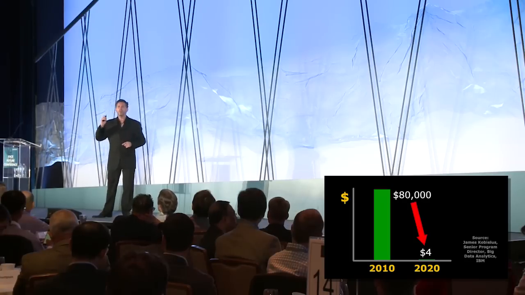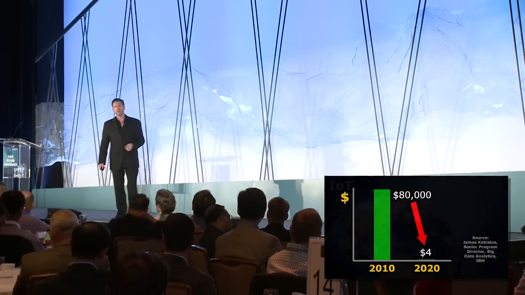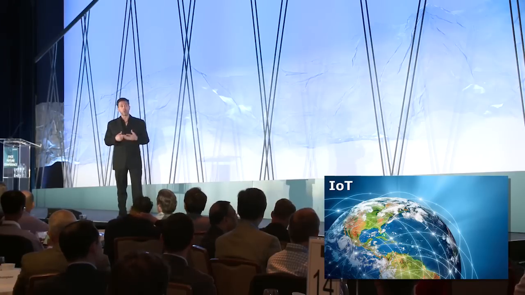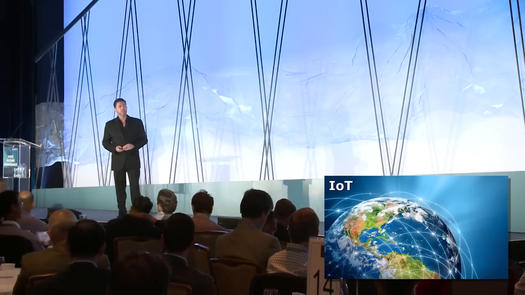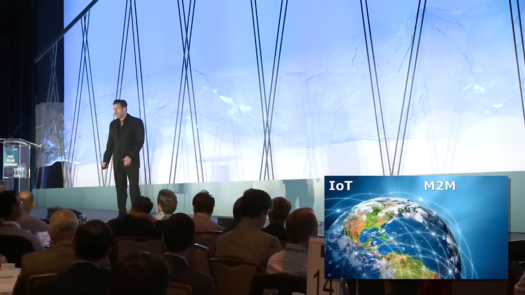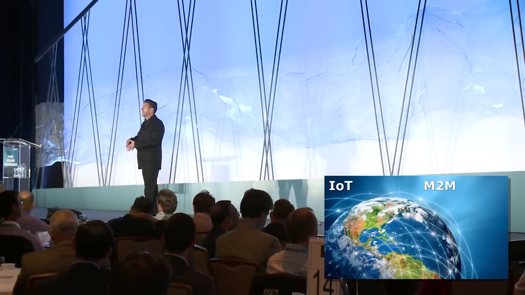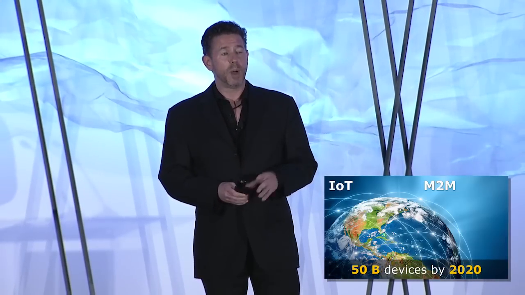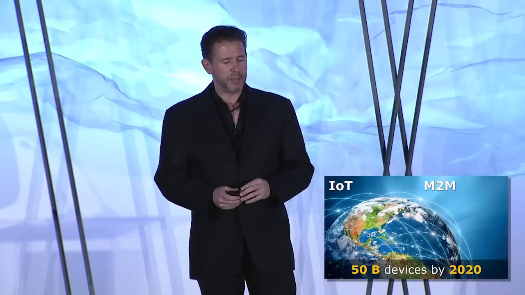We'll talk about it. But one of the biggest areas of innovation right now, as you're all aware, is the IoT, the Internet of Things, and more importantly, perhaps, the industrial Internet of Things. Some people call it M2M. There are projections that we're going to have 50 billion devices connected by 2020. And now people are saying we're actually going to beat that number. So we're getting all this innovation.